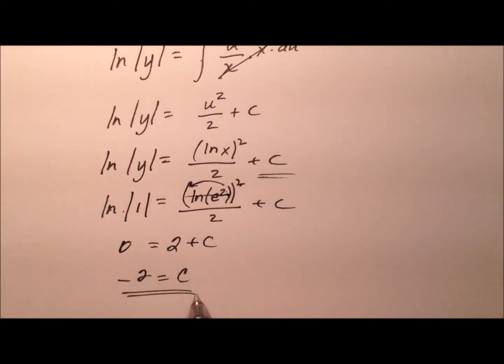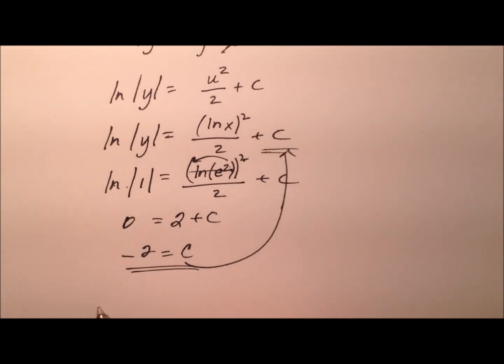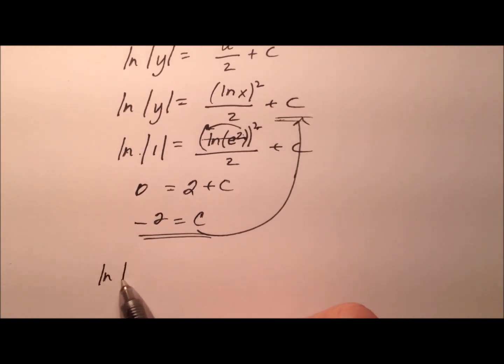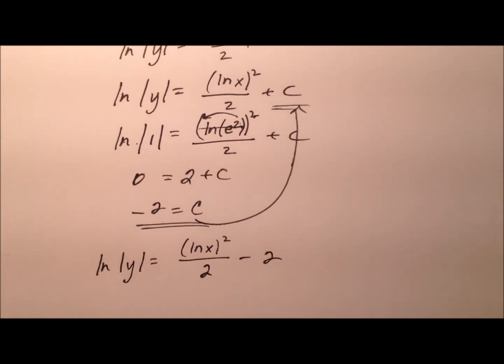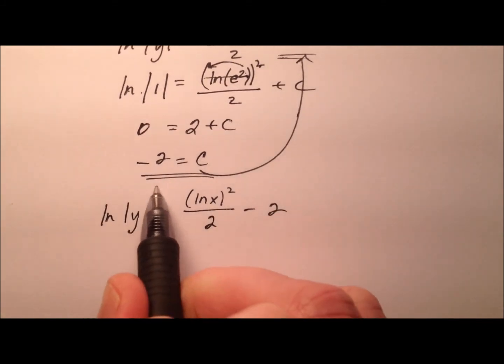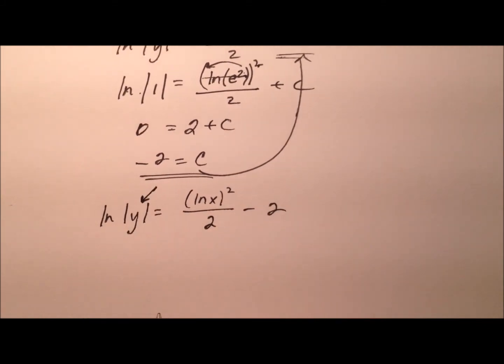So let's go ahead and put all this together now. So we know the natural log of y equals, and then we have this ln of x squared over 2 minus 2. So we could isolate this y and write it in explicit form by taking both sides of our equation and raising them as powers of e.